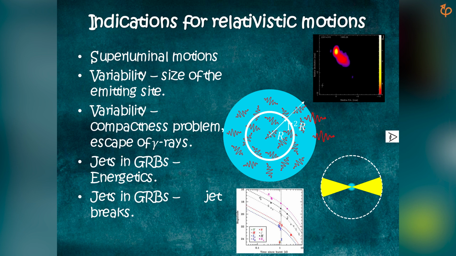I showed you that gamma ray bursts are jetted, and I showed you that from two considerations. One consideration is the energetics: I don't see emission coming from the entire sphere. All I see is part of it, a jet that is pointing toward me.